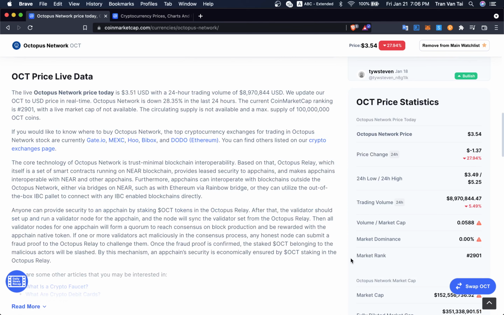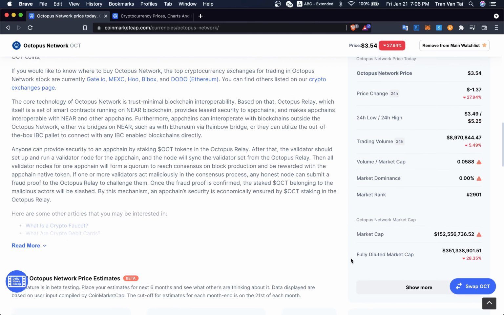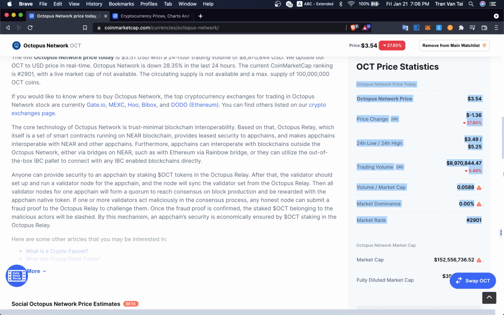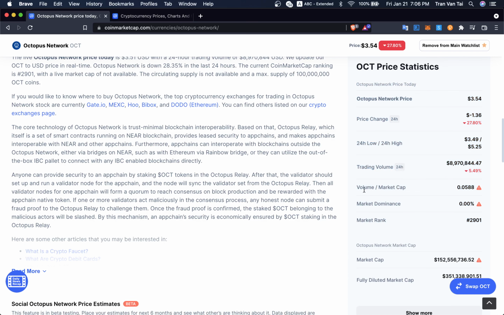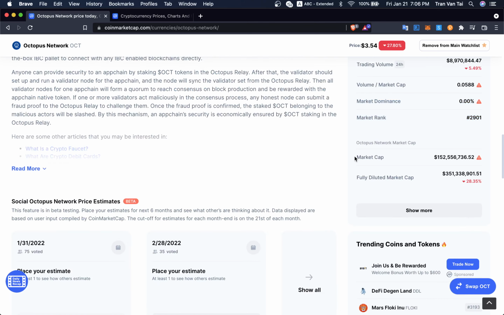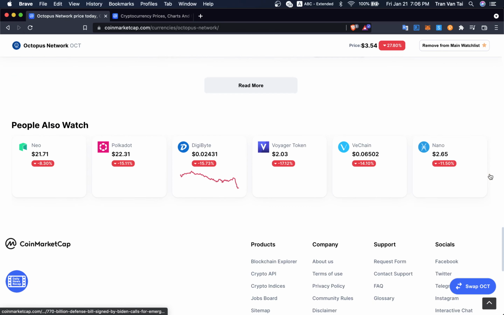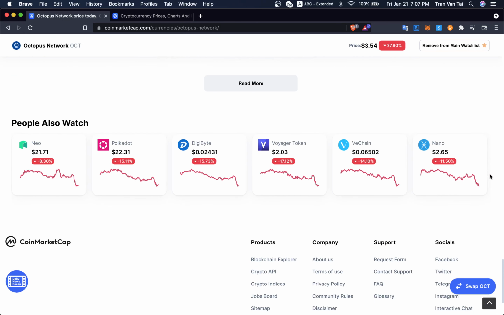Many other statistics and information about price, price change in 24 hours, trading volume, and volume over market cap only 5.8%. Market dominance and market rank here. Market cap, a lot of information here. You can check the detail by yourself, guys.